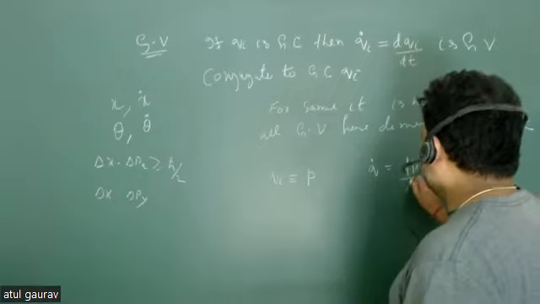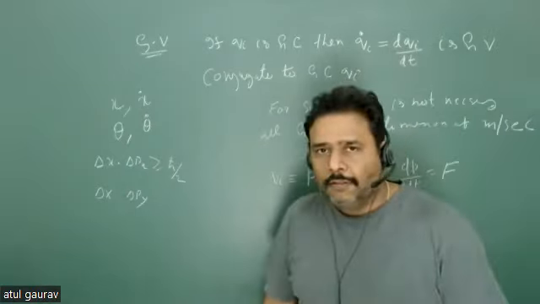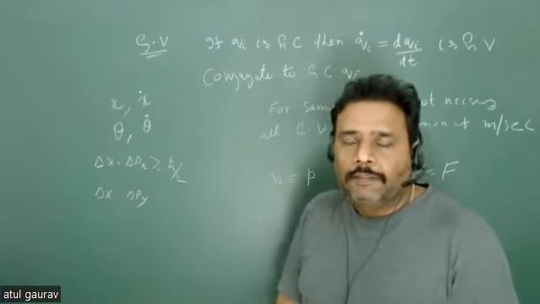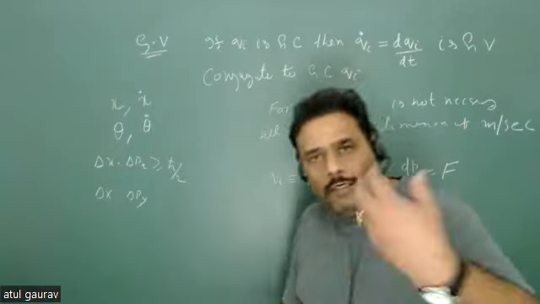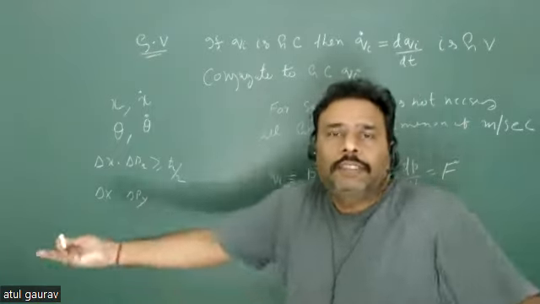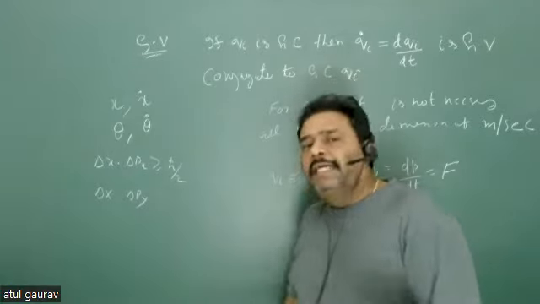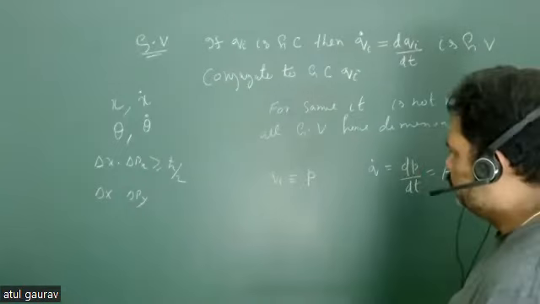Force. Then dp upon dt has the dimension of force. So this is your generalized velocity. Mind-blowing thing: you can call momentum a coordinate and force a velocity, because it has all the properties of generalized coordinate and generalized velocity.